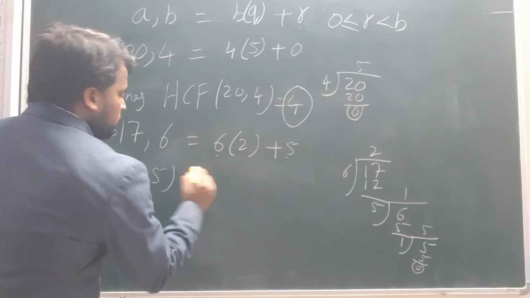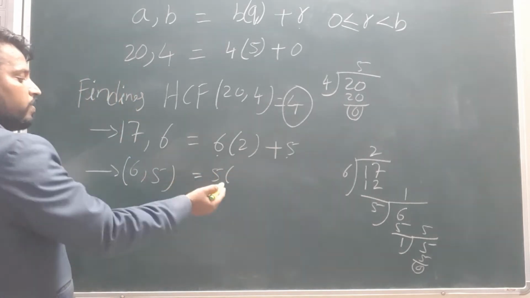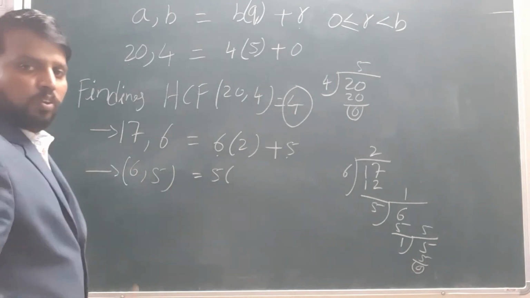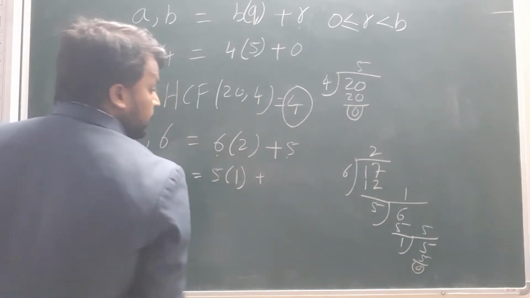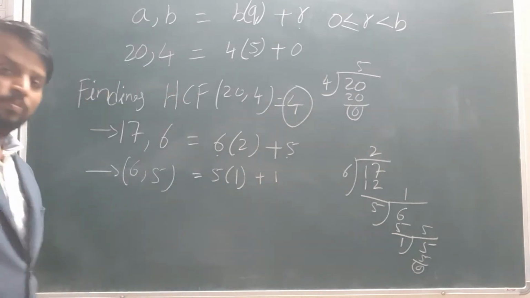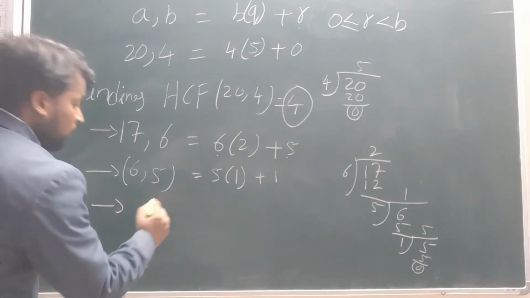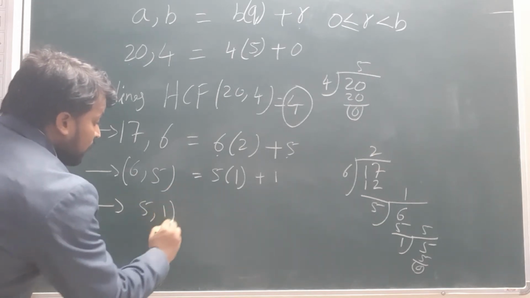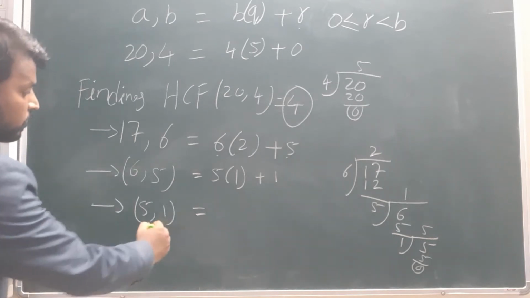So now the smallest value is 5, that is the divisor. In the 5 table we will not get 6, but the nearest is 5 ones, and the remainder is 1. Again, the third step: now 5 and 1 will act as positive integers. Now what will we get?